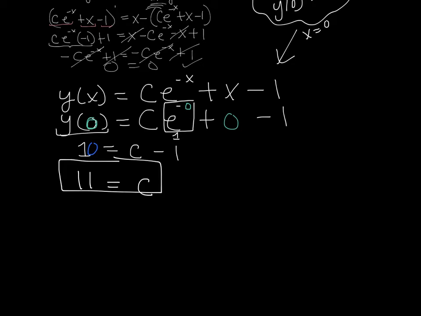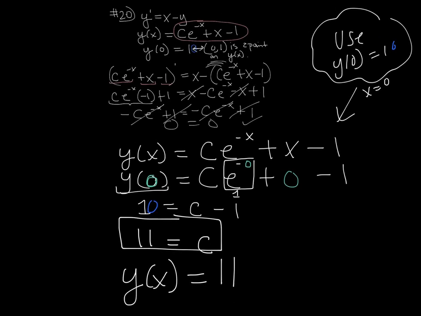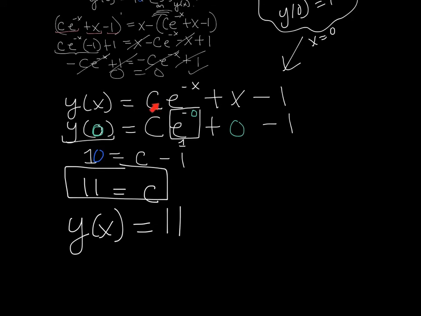Okay, so we found a c, which was the next sentence: determine a value of the constant c such that y of x satisfies the given initial condition. So now we know c, so let's substitute. y of x equals 11 e to the negative x plus x minus 1.